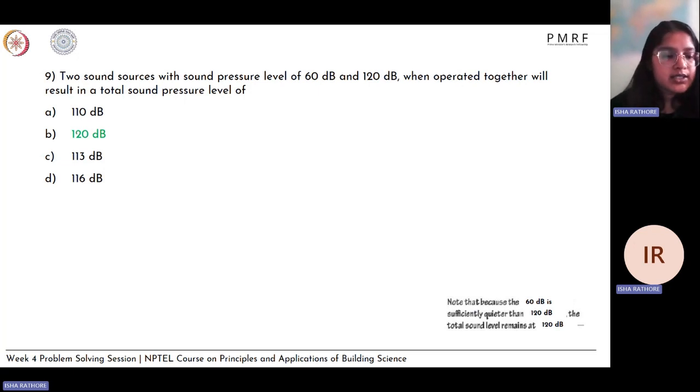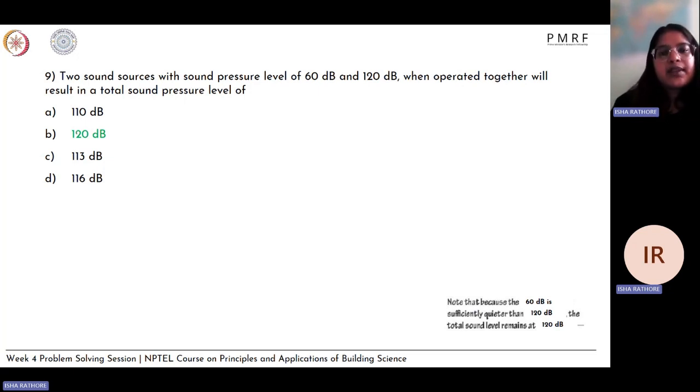Because these sound pressure levels are on a log scale, the actual pressure of the 60 decibel source is much lower than the 120 decibel source. So when both act together, you get a total sound pressure level equivalent to 120 decibels.